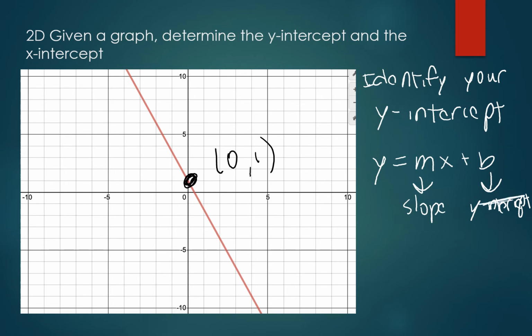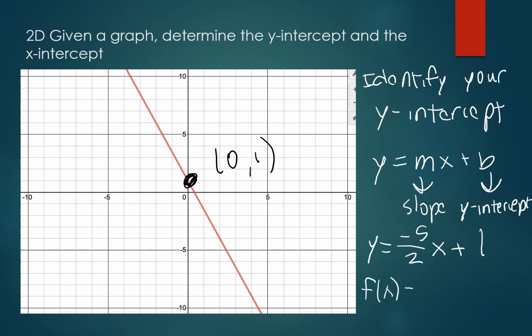That's bad. Can't barely read that. That's slightly better. So y equals -5/2 x plus 1, or you could write it as f of x equals -5/2 x plus 1. Your call.